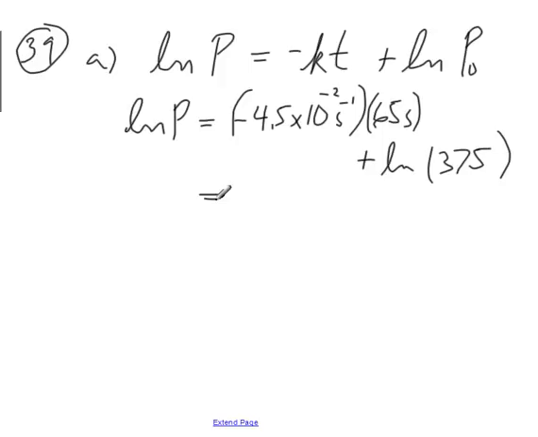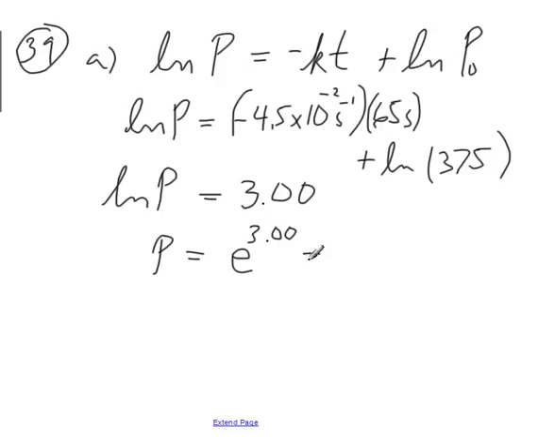Yes. Thank you, Mr. Richardson. You're doing something wrong, okay? So find out what you're doing wrong and fix it, okay? So natural log of P equals that. So what do I write now? P will equal e to the power of 3.20. So second function, natural log to the power of 3.20. 20.1 torr. Okay?